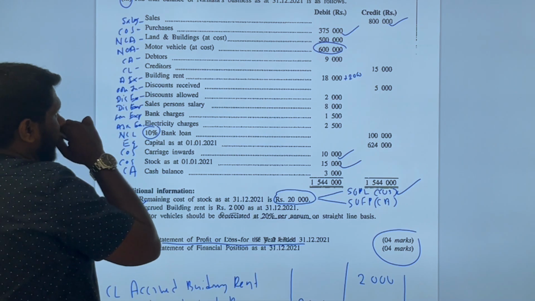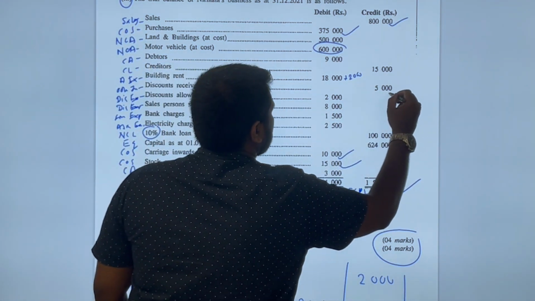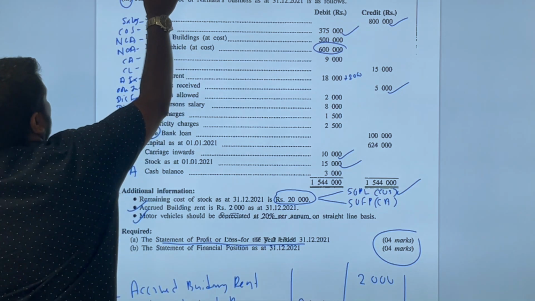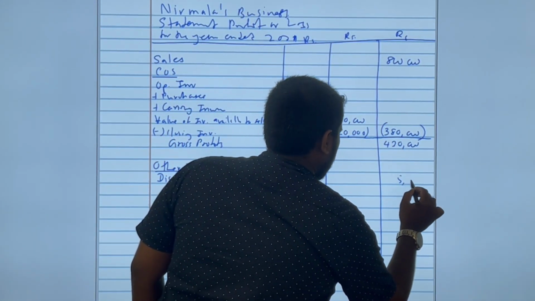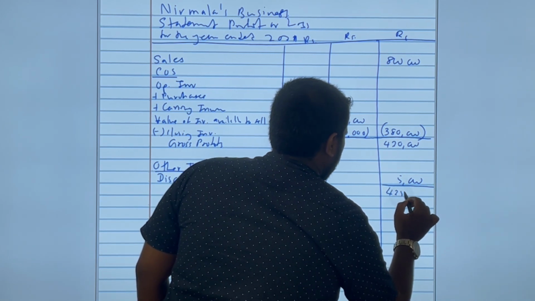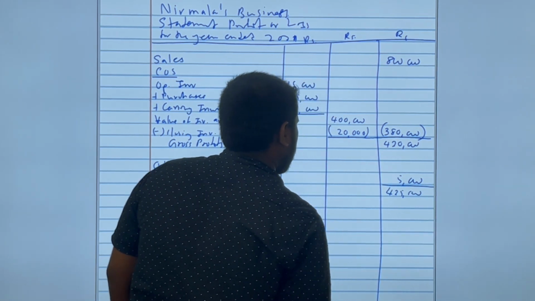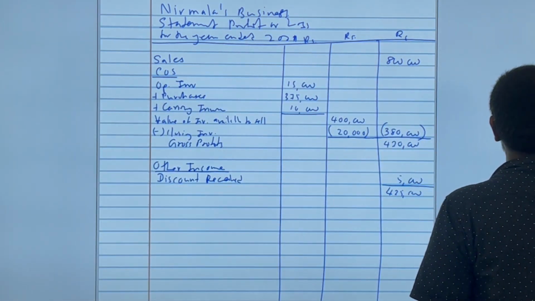How much is that discount received? Other income 5,000. Discount received 5,000. Then here the total value is how much? 425,000. Now let's take the expenses.